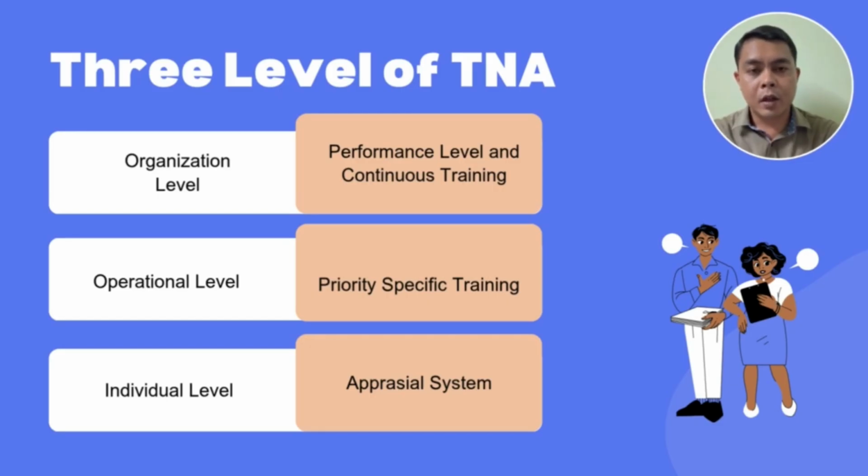For the third level of TNA, the individual level, the training is focused on the individual. This involves performance appraisal, where the appraisal data is needed and important to analyze and identify the strengths and weaknesses among individual employees.